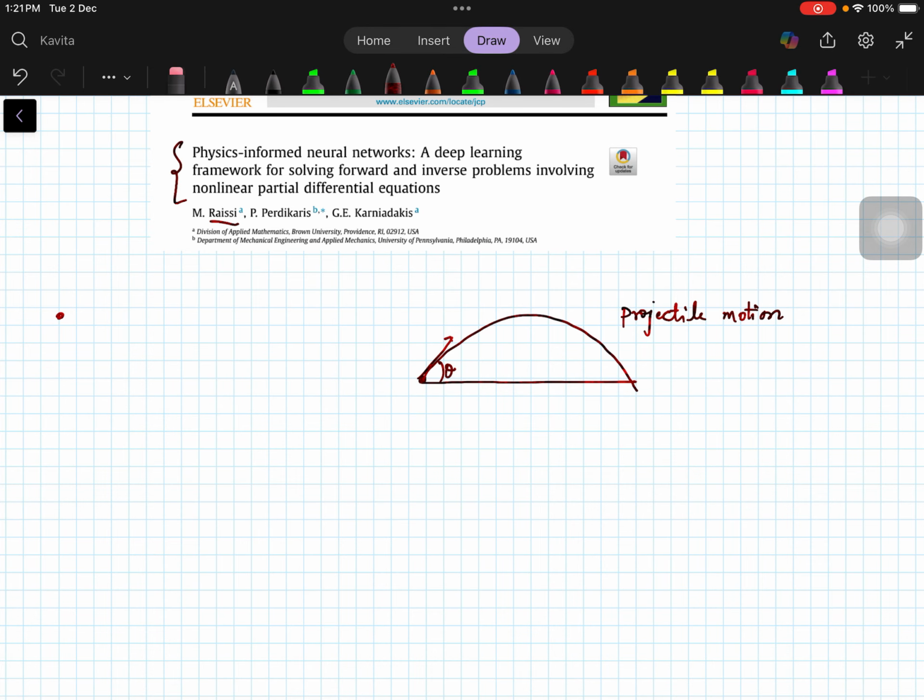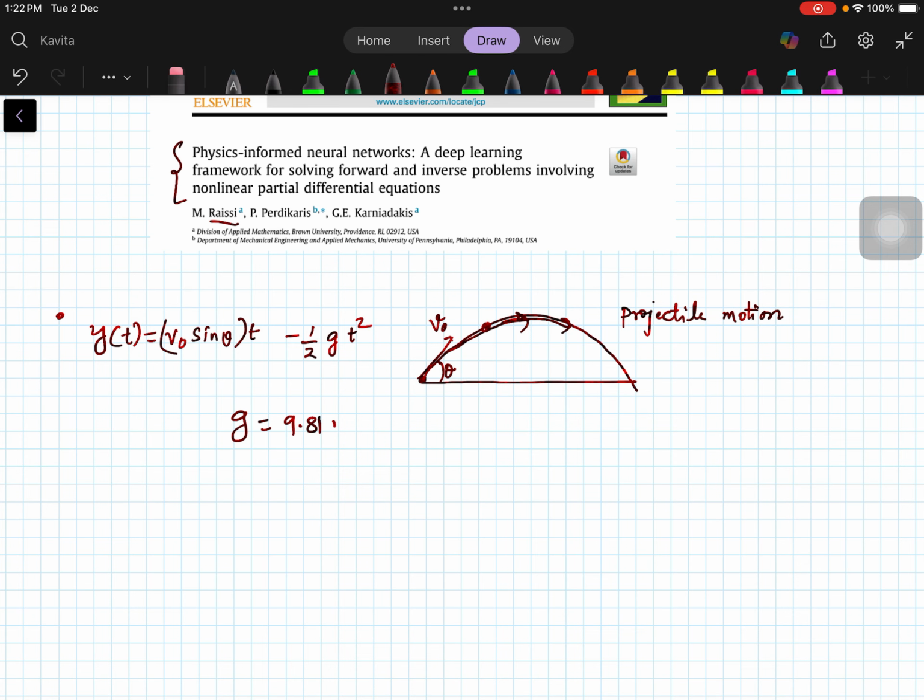So we already know, suppose initially you are throwing it with a velocity v naught, then we know the equation of this path. It is a parabola, and the equation is: position after time t equals v naught sine theta times t, minus 1 by 2 g t square, where g is the gravitational constant having the value 9.81 meter per second square.